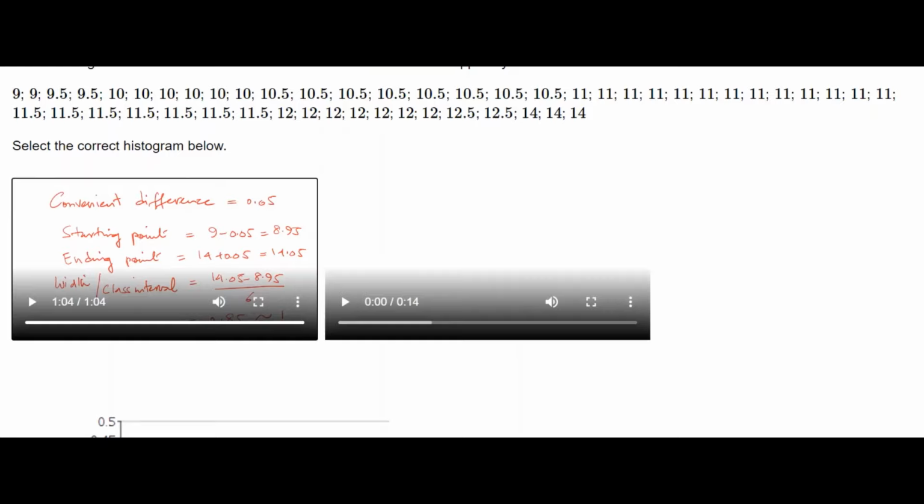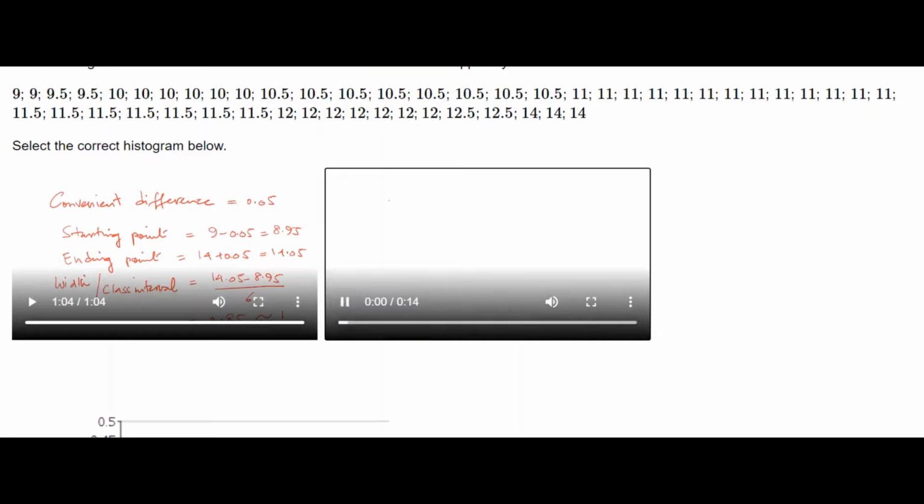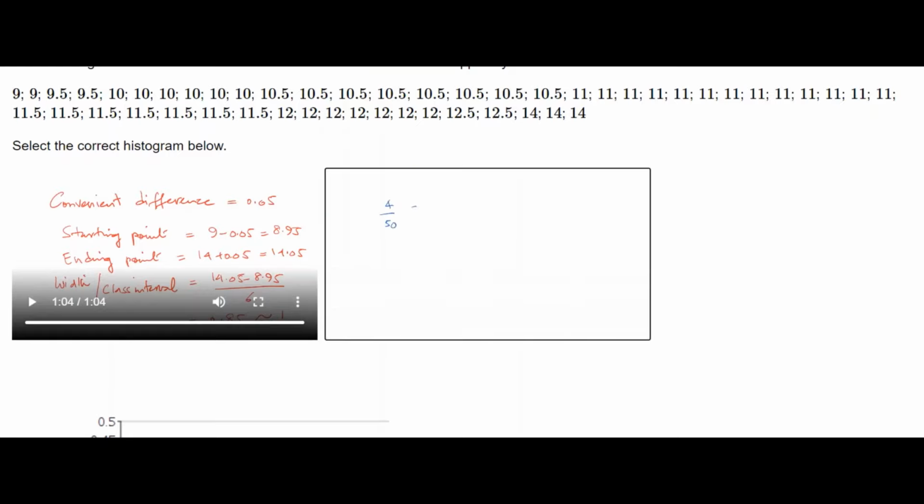And we see that there are 4 numbers: 9, 9, 9.5 and 9.5. Okay, so if there are 4 numbers, then 4 divided by the total number of elements in the data set would be 4 over 50, which is 8 over 100, and so 0.08.